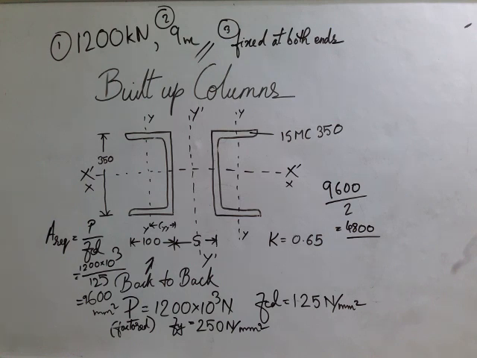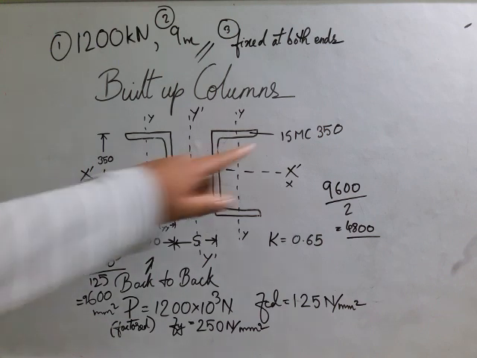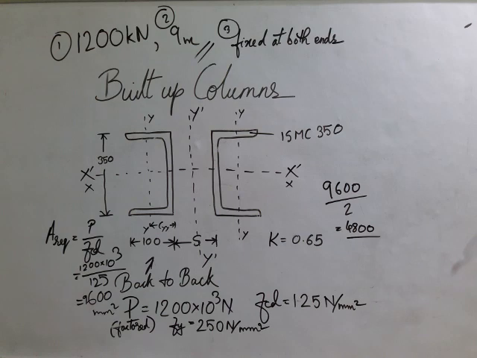So let us look into the steel table. There's a coincidence that if we look into ISMC 350 itself, in the steel table, we see that the area of ISMC 350 is 5366 mm square.